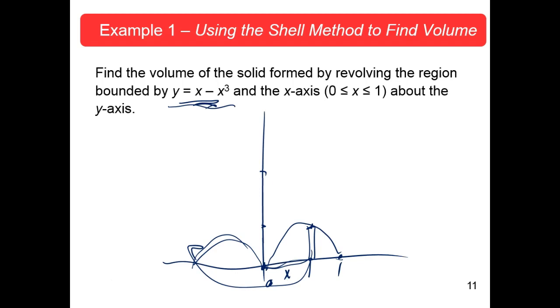The height is your function, y, which we'll call h, equal to x minus x cubed. And then this is your dx, or delta x. So that's your shell going around here.